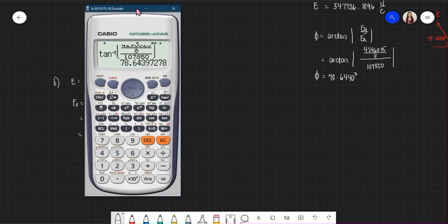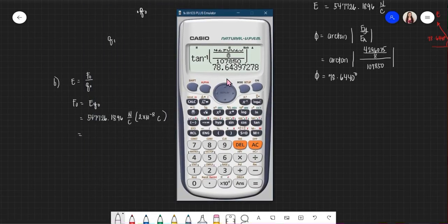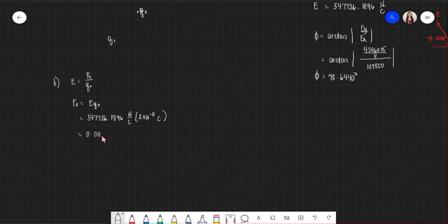So 547,726.1896 times 2 times 10 to the negative 8 is 0.0110 newtons. This is the force experienced by the charge.